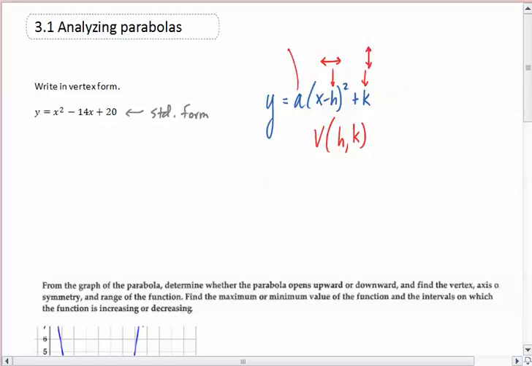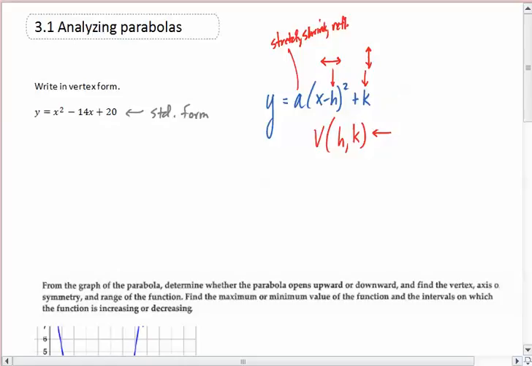Now this right here is a stretch, a shrink, or a reflection. So we don't need to really worry about a movement horizontally or vertically. It's just a kind of morphing of the parabola right where it is. So this is the actual movement away from the origin.